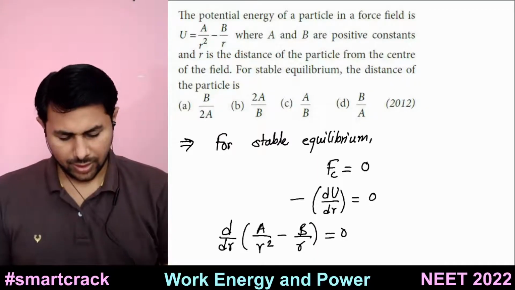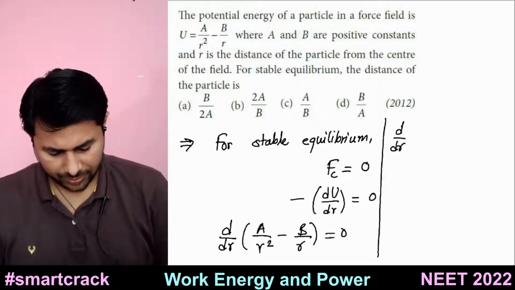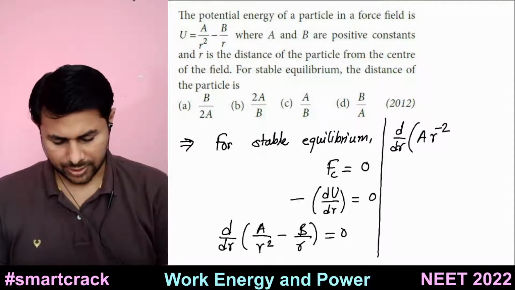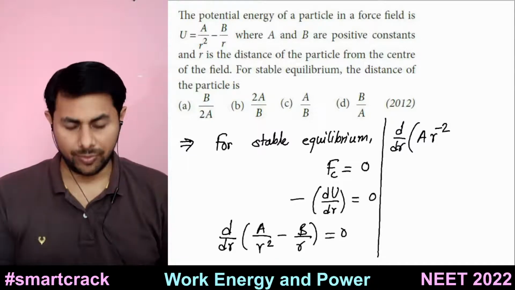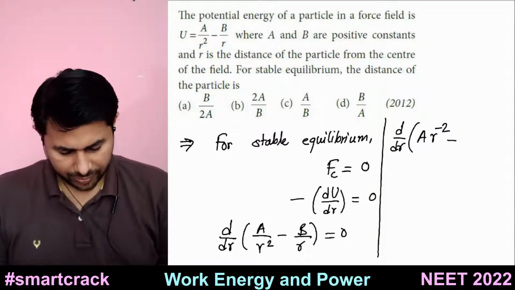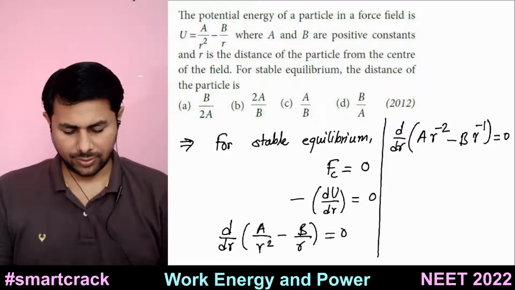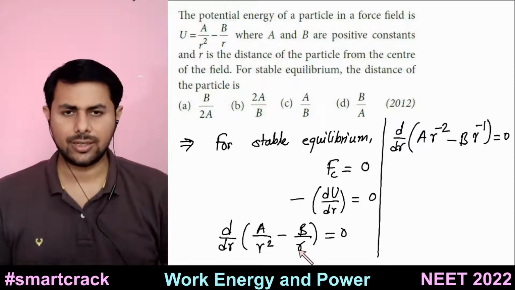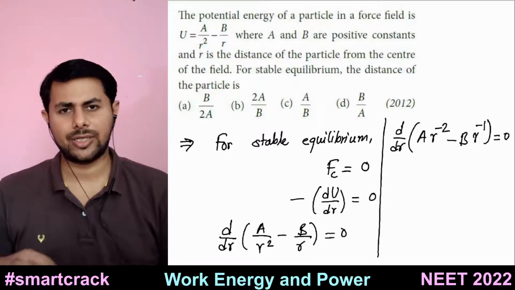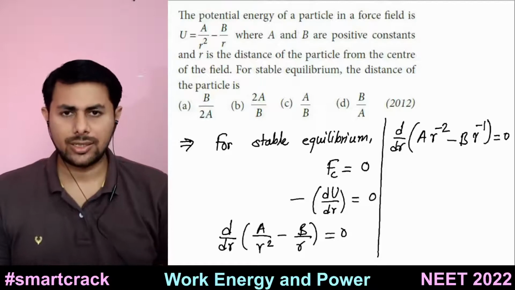Or you can write it as d/dr of A times r to the power minus 2, because r² in the denominator moves to the numerator as r to the minus 2, minus B times r to the minus 1, is equal to 0. Likewise, the r in the denominator becomes r to the minus 1 in the numerator.